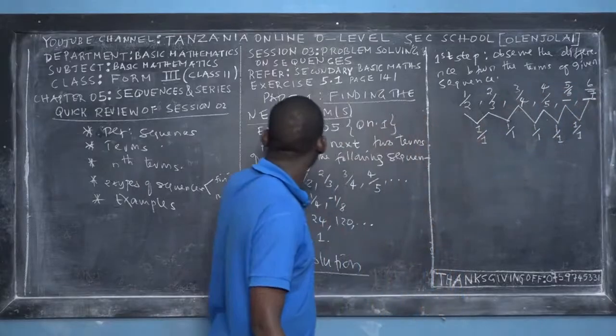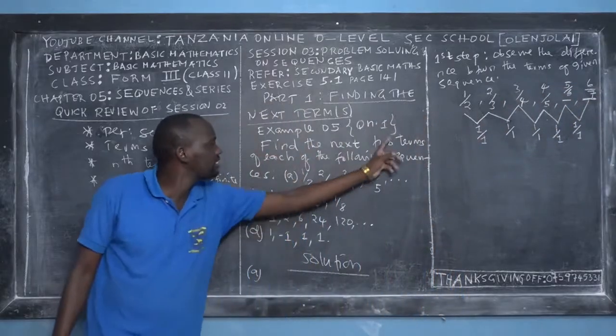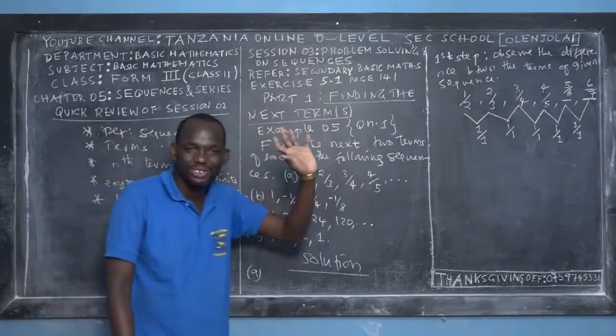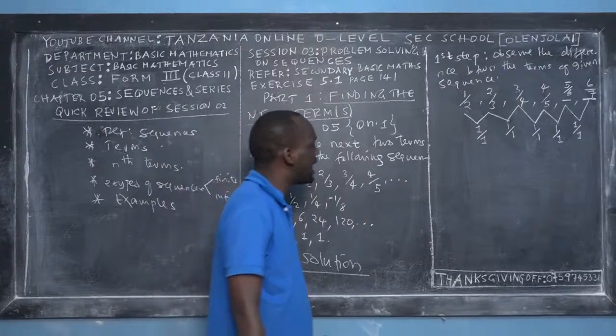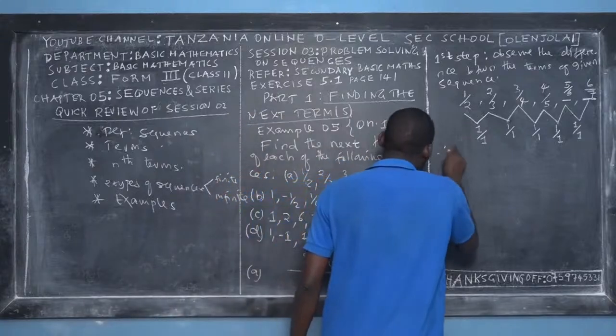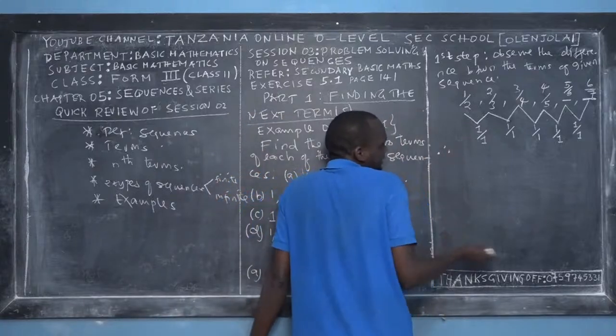What does the question ask? The question asks us to find the next two terms of each of the following sequences. So we just conclude that we are done. Simple like that.